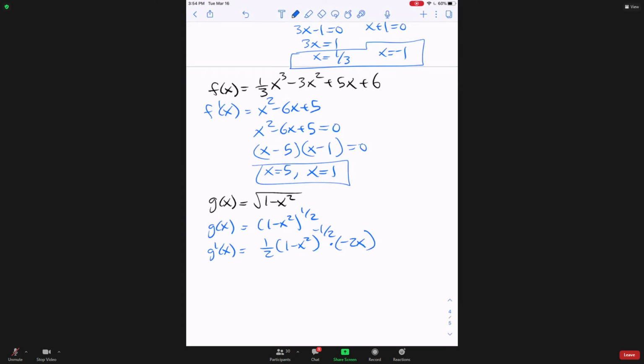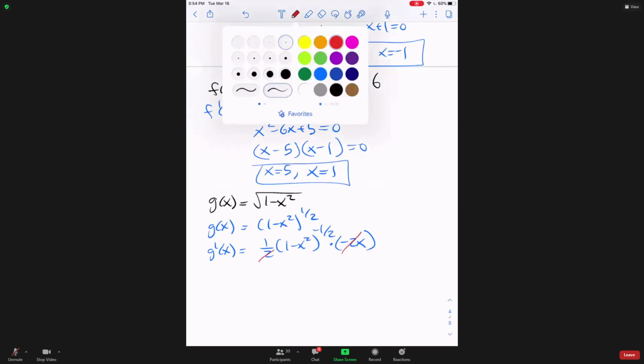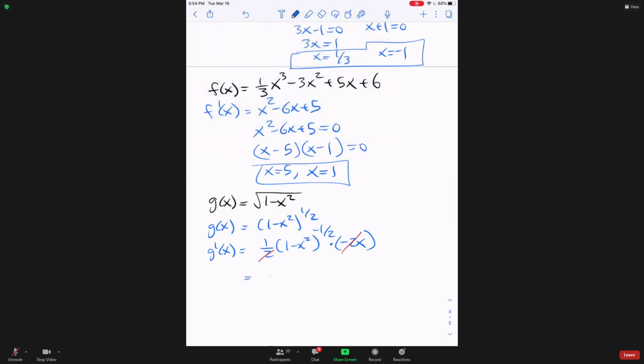So the 2's are going to cancel out here. Then you've got negative x times 1 minus x squared to the negative 1/2 power. I'm going to drop that to the denominator, and it becomes a radical.